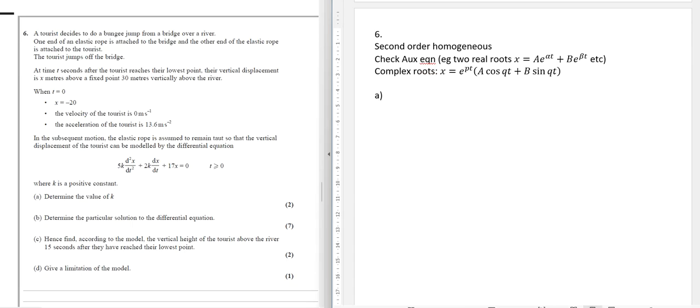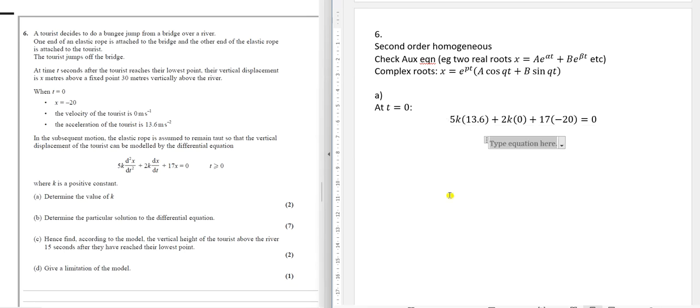For a start, it says determine the value of k. Well, they've told us things to do with not just the initial displacement, but also the initial velocity and the initial acceleration. So we can say at t equals 0, we should have 5k times the acceleration of 13.6 plus 2k times the velocity, which is 0, plus 17 times the displacement, which is minus 20.